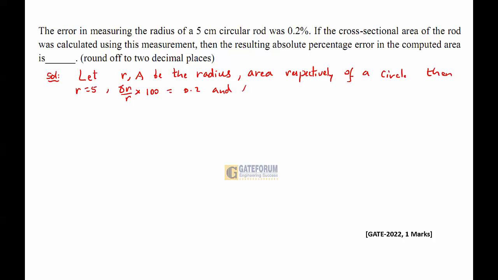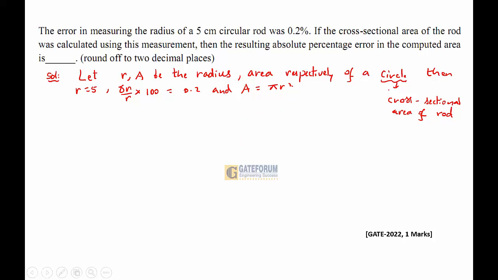And area A is equal to pi r square. So what is this? Cross-sectional area of the rod. Okay.